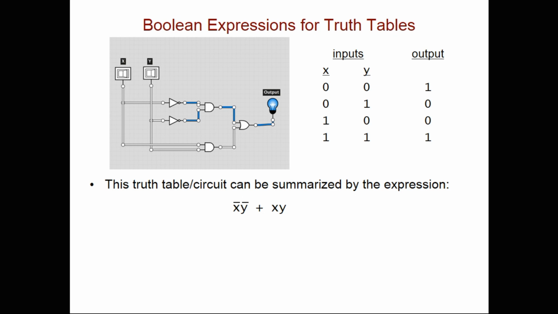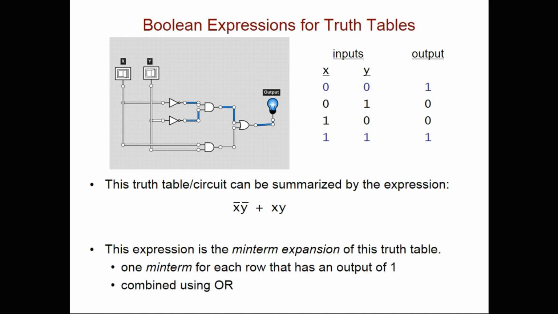Here is an example from the previous video. We can summarize the truth table by a Boolean expression. In a Boolean expression, the line over the x, or x bar, represents the NOT operator, the plus represents OR, and two values that are adjacent to each other represent the AND operator between these two values.